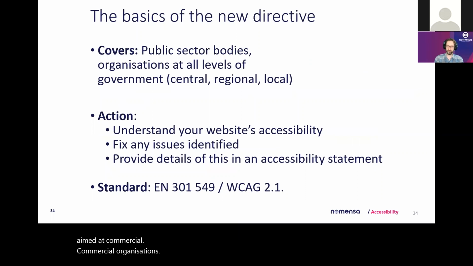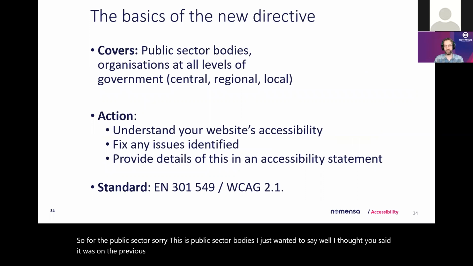So for the public sector, sorry, this is public sector bodies. I'd already said it on the previous slide, but basically you do need to understand your website's accessibility, fix issues, and provide details of this in an accessibility statement.